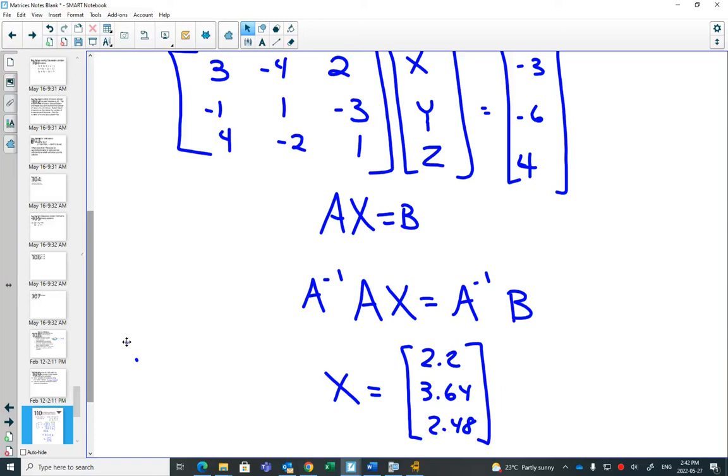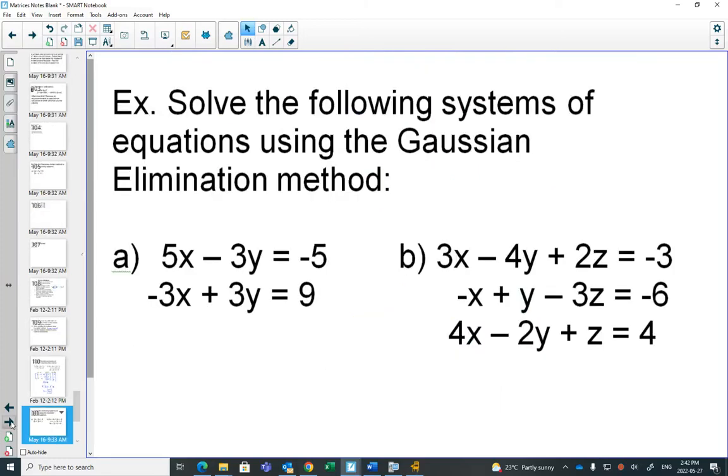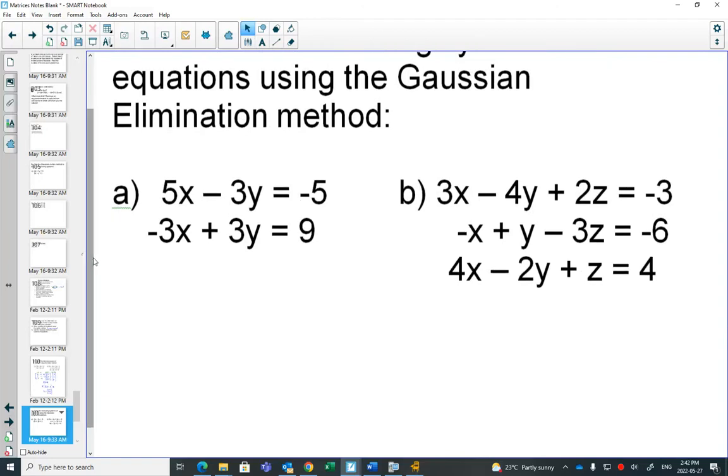So this is the matrix method, where you set up your coefficient matrix, your variable matrix, and your constant matrix, and then you multiply by the inverse in order to solve. Gaussian elimination: what do you need?